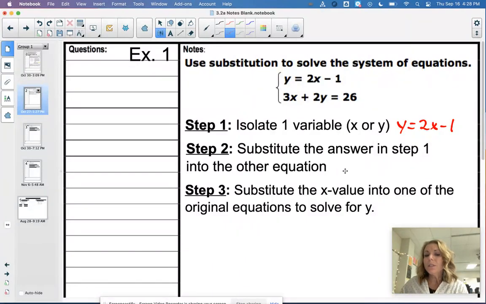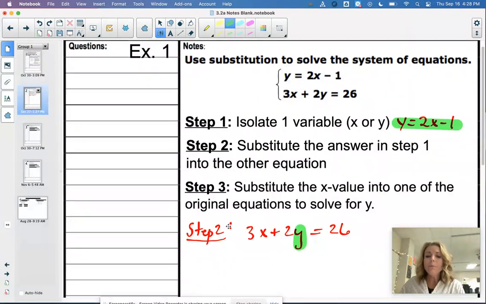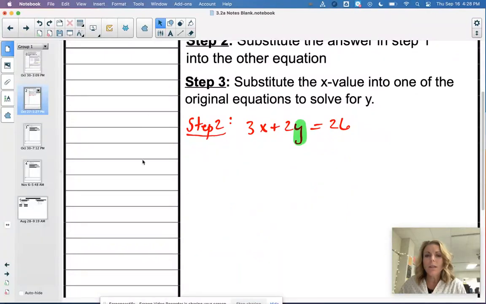Step 2, we have to substitute the answer in step 1 into the other equation. So let's call this our step 2. The other equation that we did not use was this one. I am going to take this equation, and everywhere there is a y, because y equals that, I'm going to plug the 2x minus 1 in.